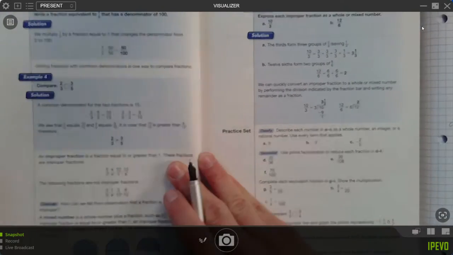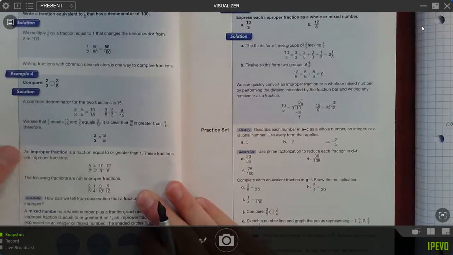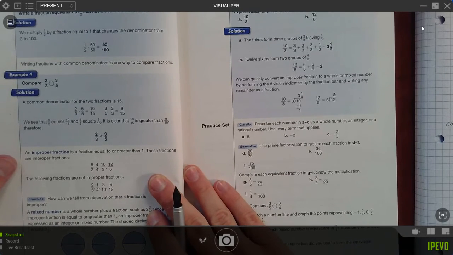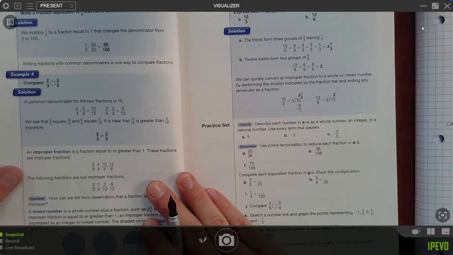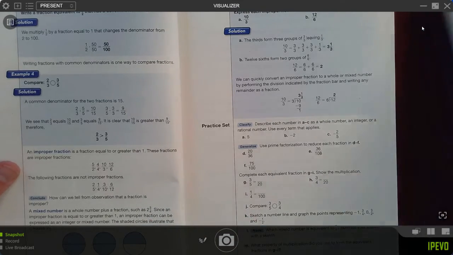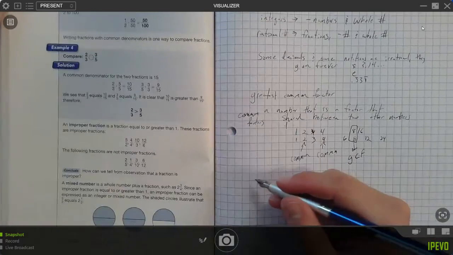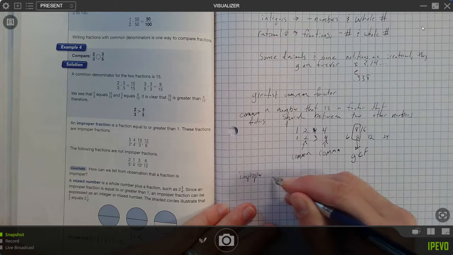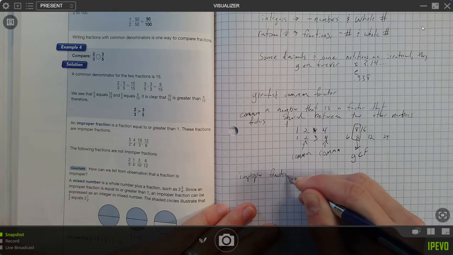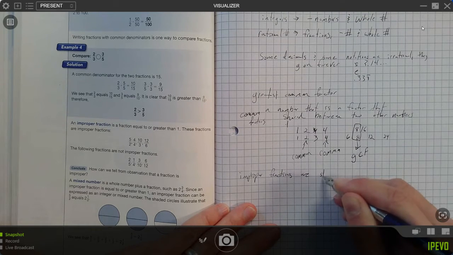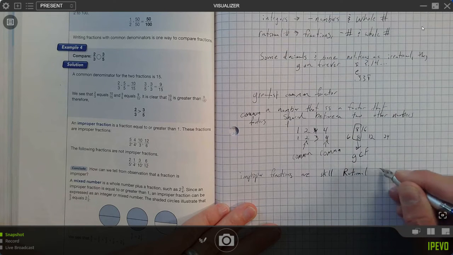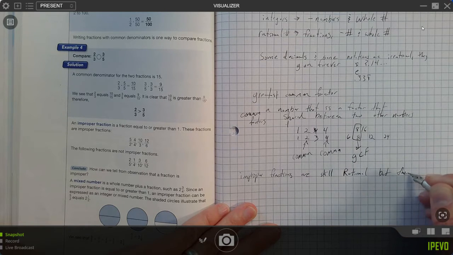All right, so now let's go ahead. Oh, so it does talk about improper fractions. So improper fractions are still rational numbers. That can be confusing, okay? So improper fractions are still rational, but they can be simplified.